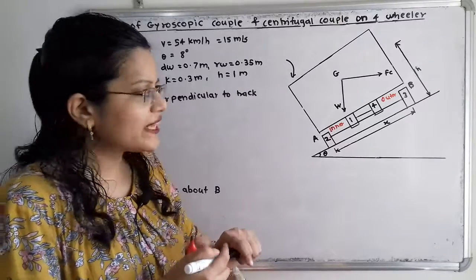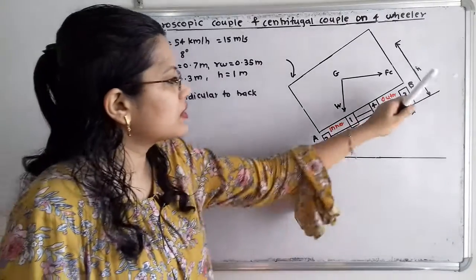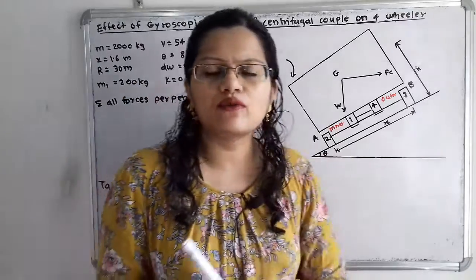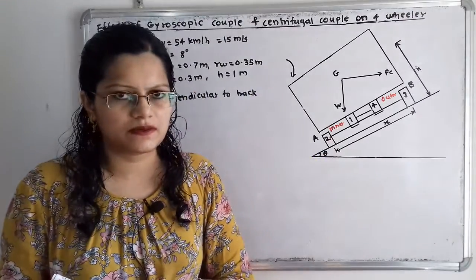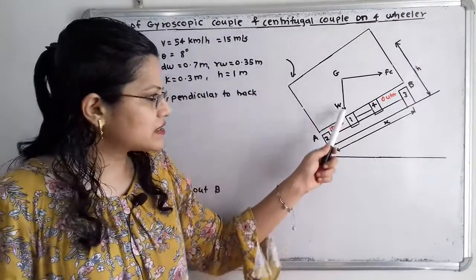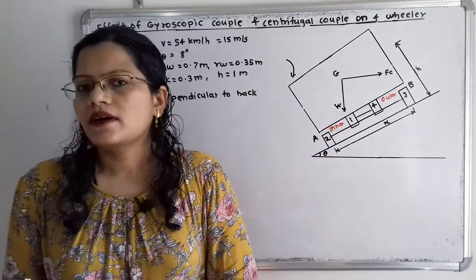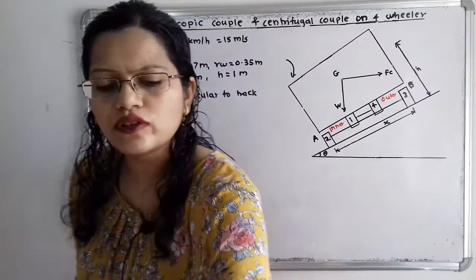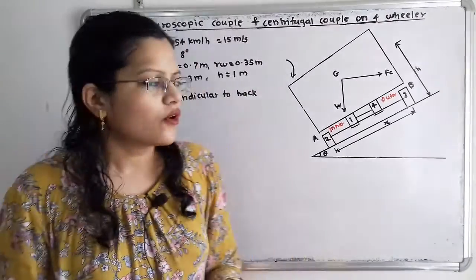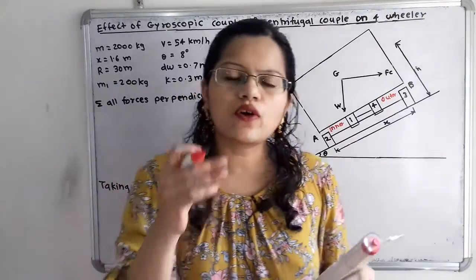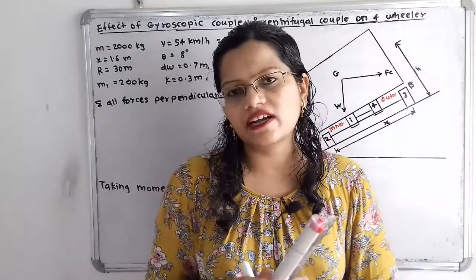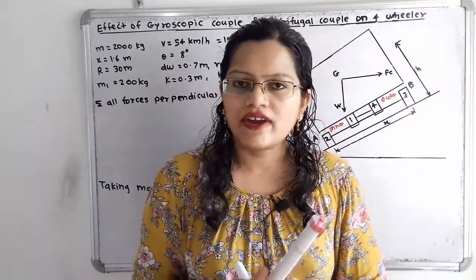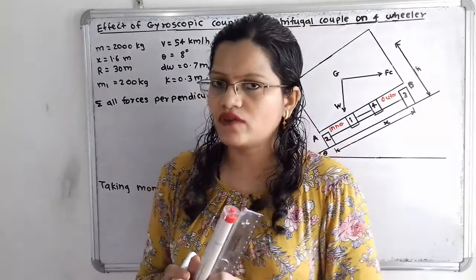Now we know that this vehicle is moving on the inclined road, so we have to resolve these forces. That is, the weight W, which is in the vertically downward direction, and this centrifugal force. So how to resolve that force? For that we have to draw the horizontal component and vertical component for this weight W and for this centrifugal force.